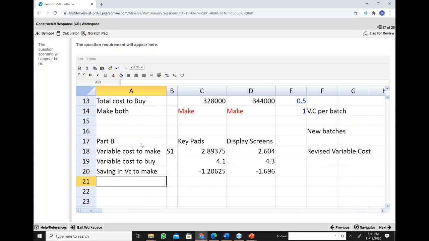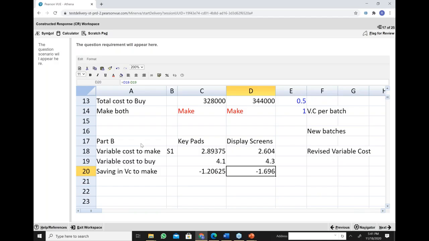So variable cost saving to make. Now just keep this in your mind. If you make a keypad in-house instead of buying from outside, each unit will save $1.2, and for display screen, each unit will save $1.6, right?